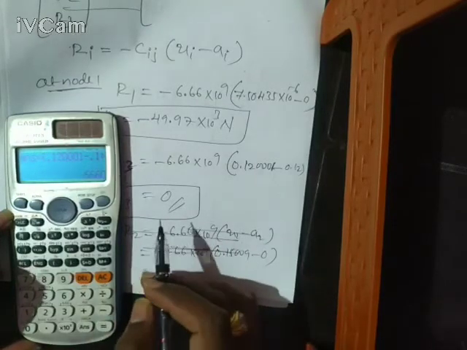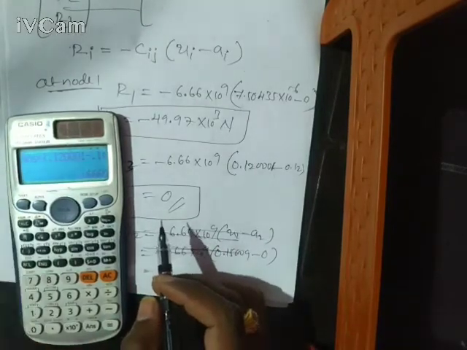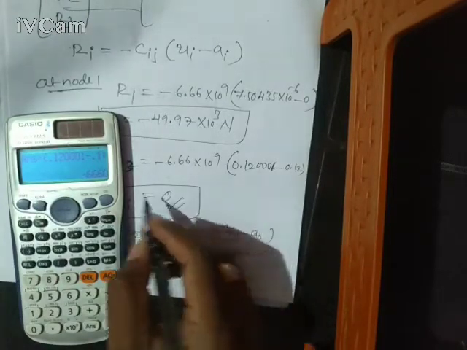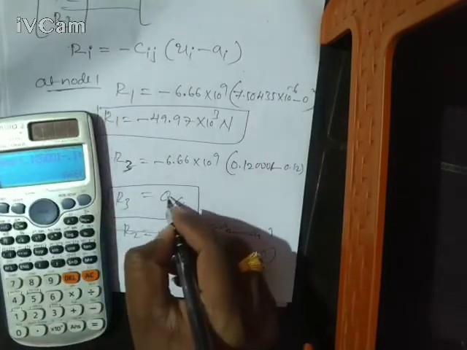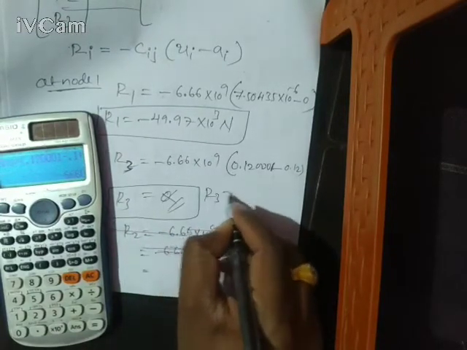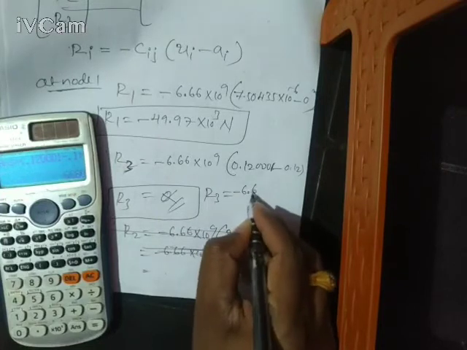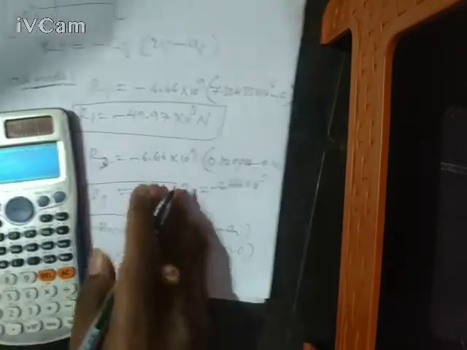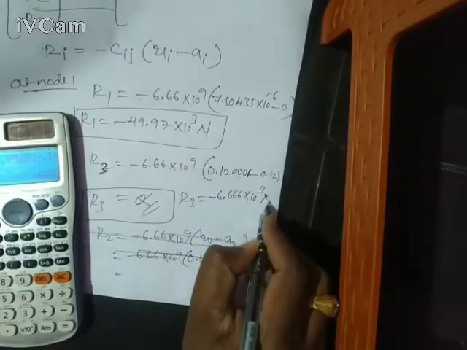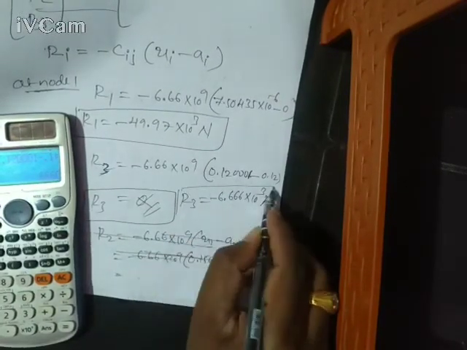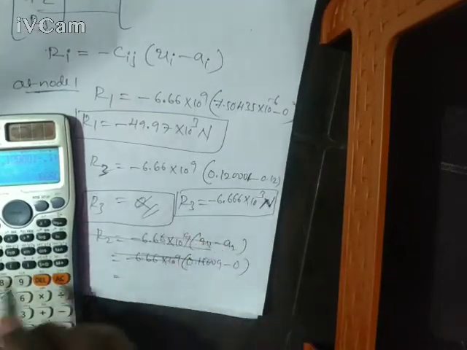This value is not going to 0. How much am I getting? R3 is actually not 0, I am getting R3 as minus 6.66 into 10 to the power 3 Newton. Okay, this is my value of R3.